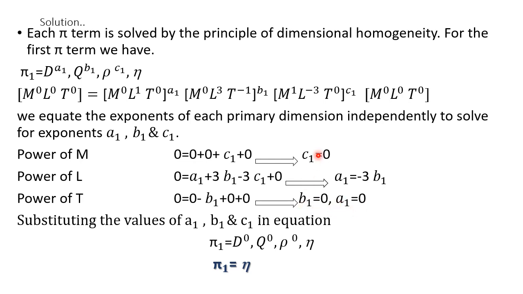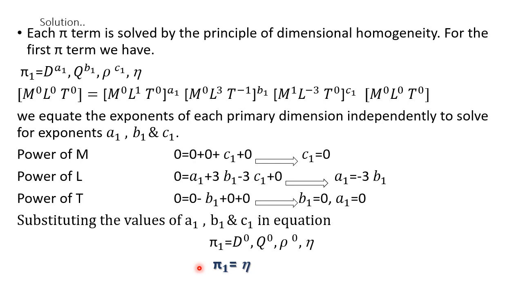So let us substitute these constants in the pi 1 equation. Once I substitute, I get pi 1 is equal to d to the power 0, q to the power 0, rho to the power 0, efficiency. Anything to the power 0 is 1, so the pi 1 term is efficiency. I just solved it for understanding purposes.